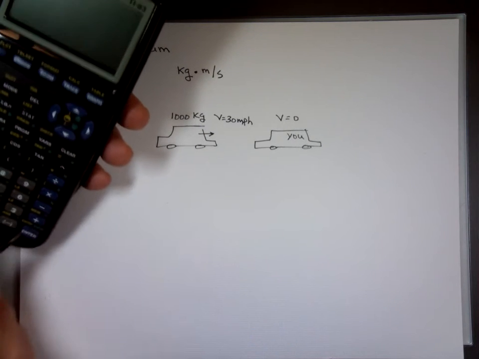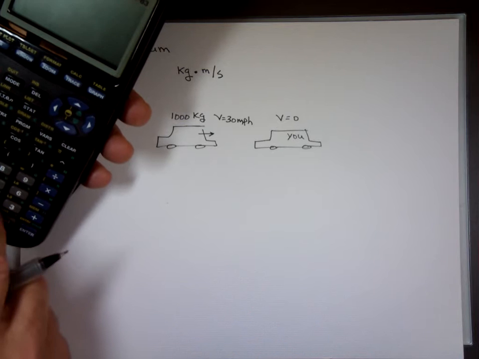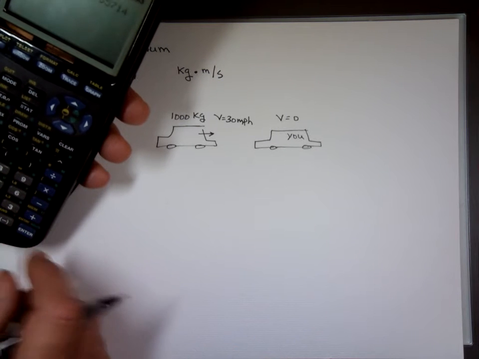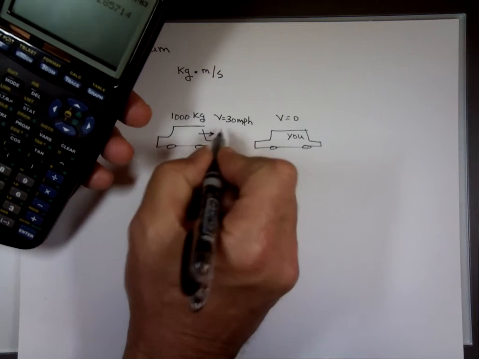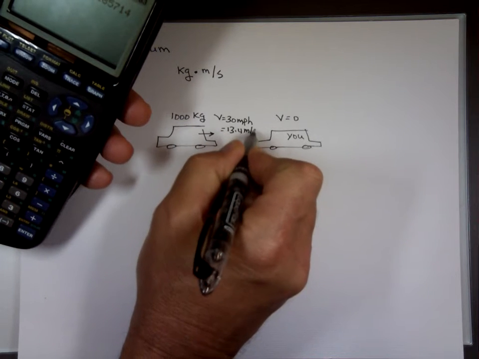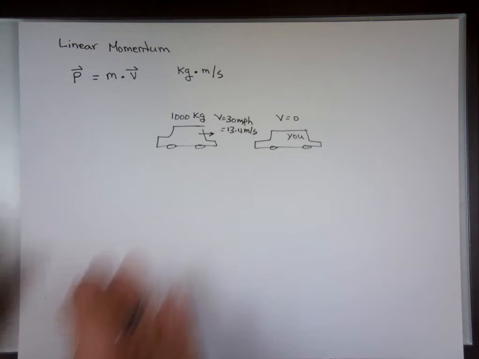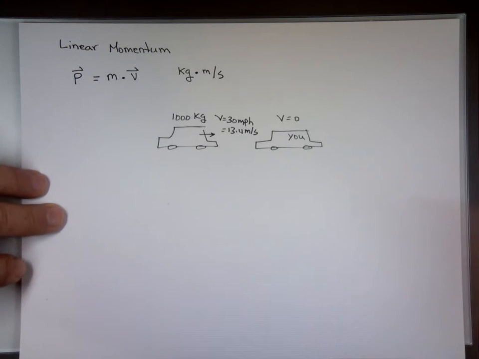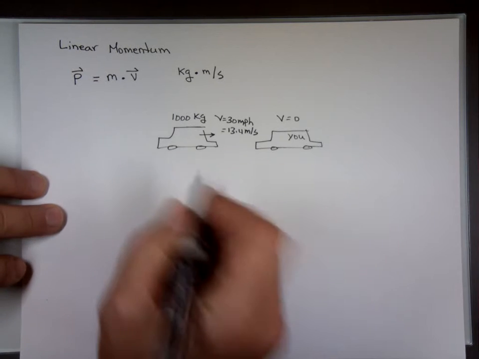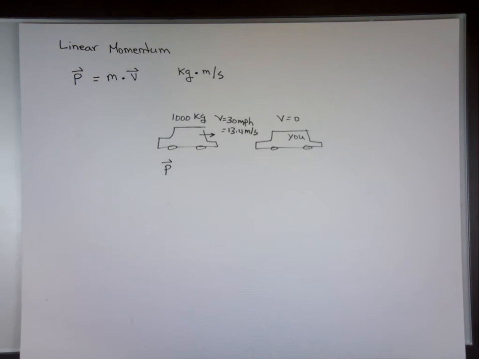What's 30 miles per hour here? 30 divided by 2.24. That's 13.4 meters per second. And if they hit you there, you're going to go across that intersection. But how much moving power does this car have? That's what linear momentum is, moving power.